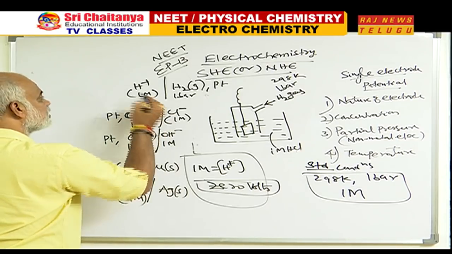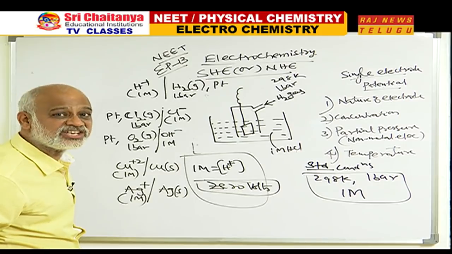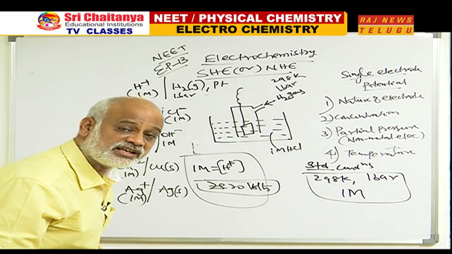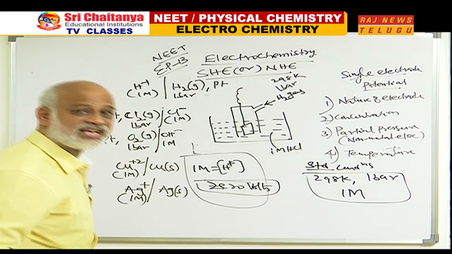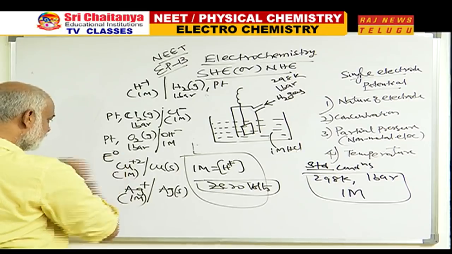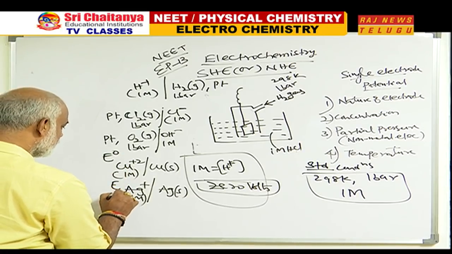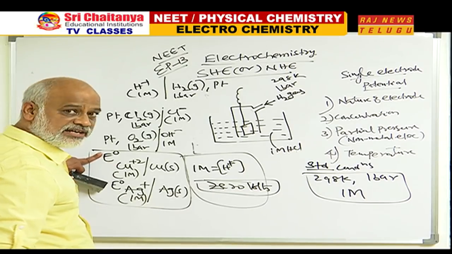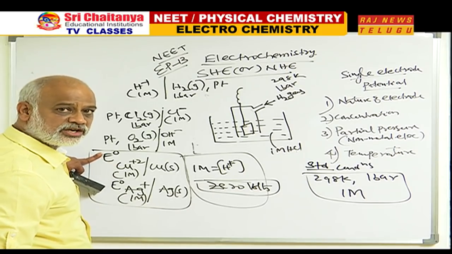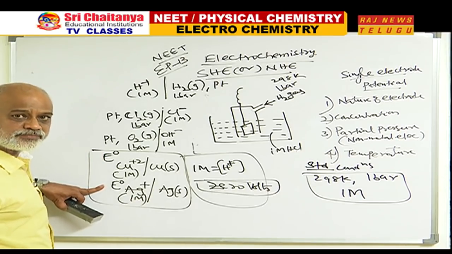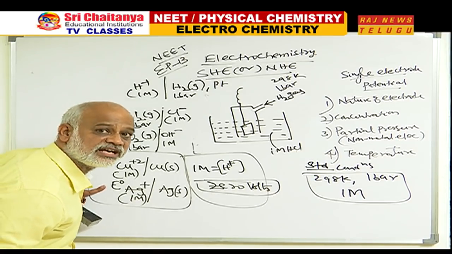This is the notation we call. If it is written as a single electrode potential, you can write E naught. When I say it like this, what does it mean? This is the standard reduction potential of the copper electrode. This is the standard reduction potential of the silver electrode.